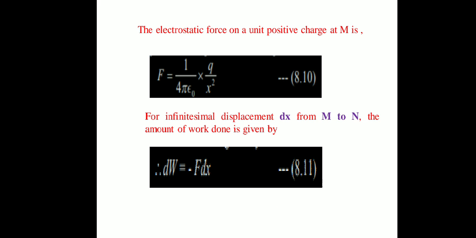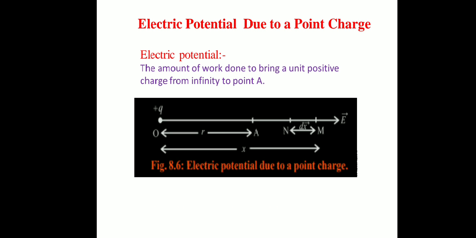F is equal to 1 upon 4 pi epsilon 0 q1 q2 divided by r square. This is our general Coulomb's law formula, right? So replace q1 by q and q2 by a unit charge because it is 1 coulomb. So q2 value is 1, our q1 value is q, and the separation distance between the point O and point M is small x.